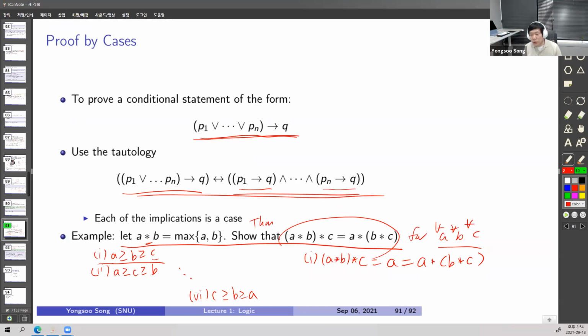And the next question was, is proof by cases one of the constructive proofs? It's hard to say, but it's not. I think they are orthogonal notions, meaning that you can use both proof by cases and constructive proof at the same time, or you can use proof by cases and non-constructive proof.